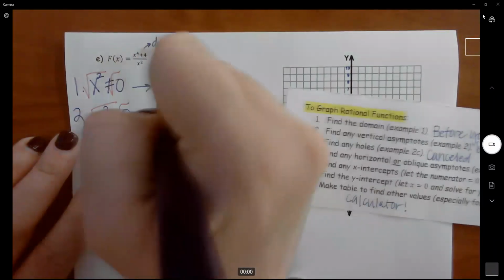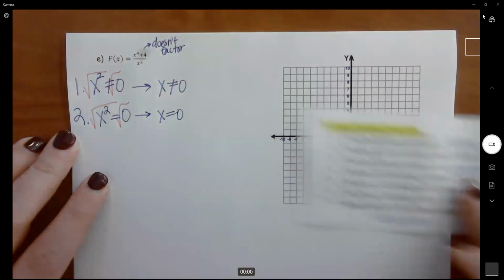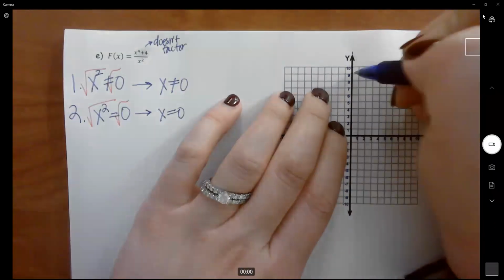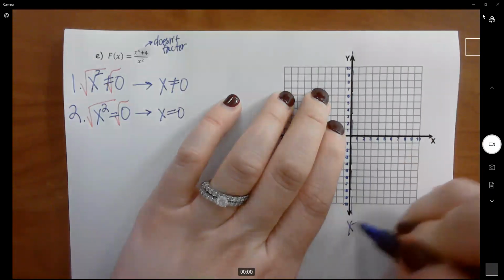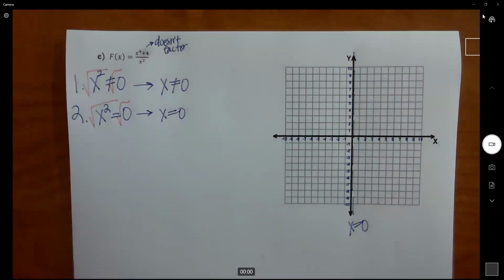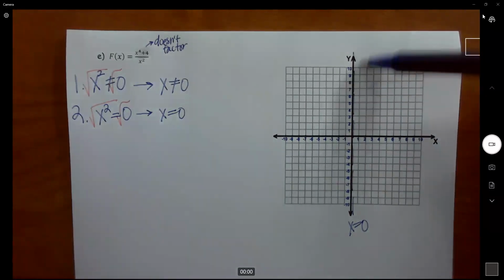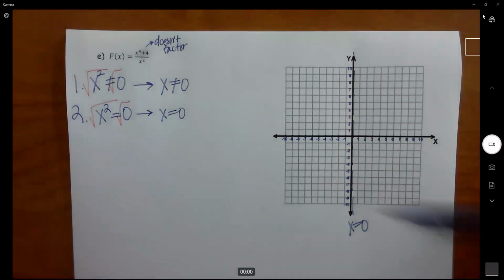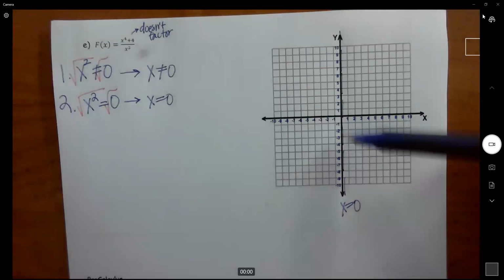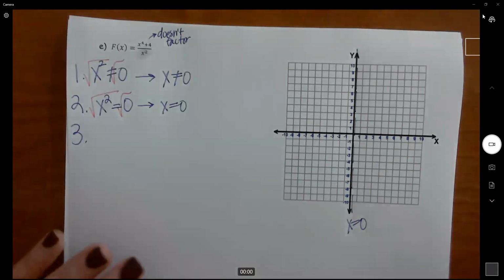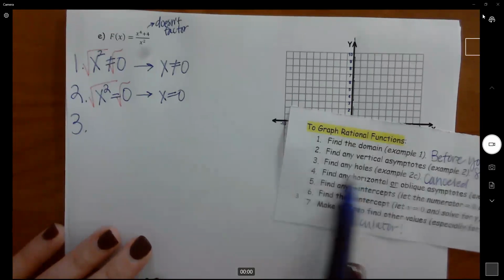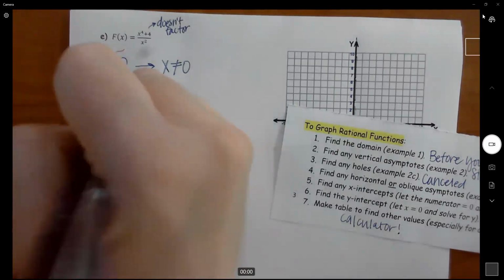And so this tells me I have a vertical asymptote at 0. Again, I had to kind of put this on the right, but that's only to make it show up. It is the y-axis. Because nothing cancels, we have no holes.